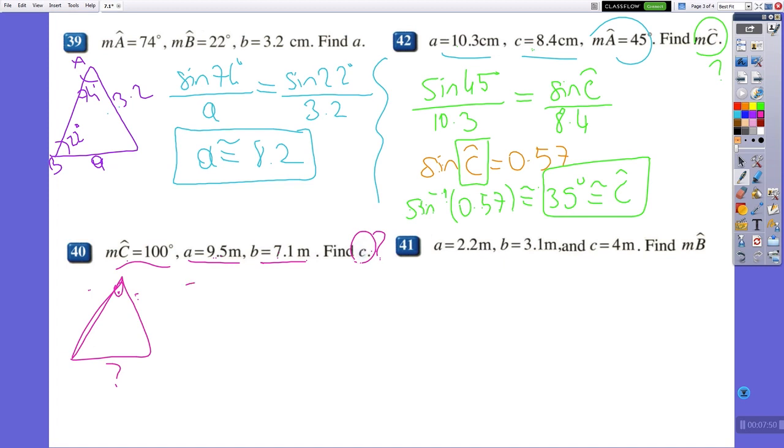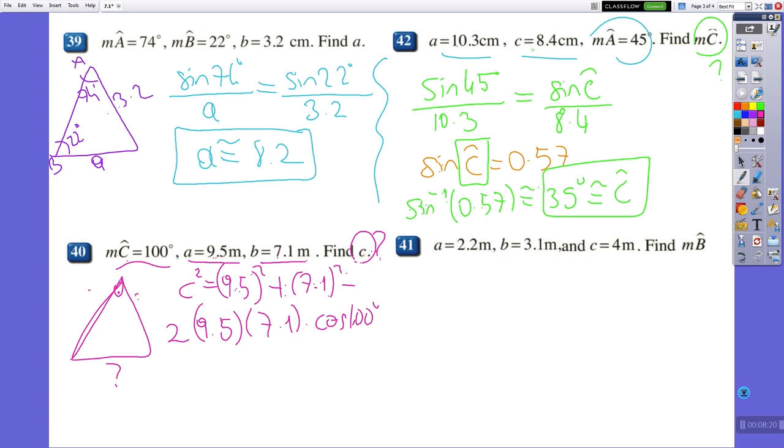So C squared is equal to A squared plus B squared, which is 7.1, minus 2 times 9.5 times 7.1 times cosine of angle 100.